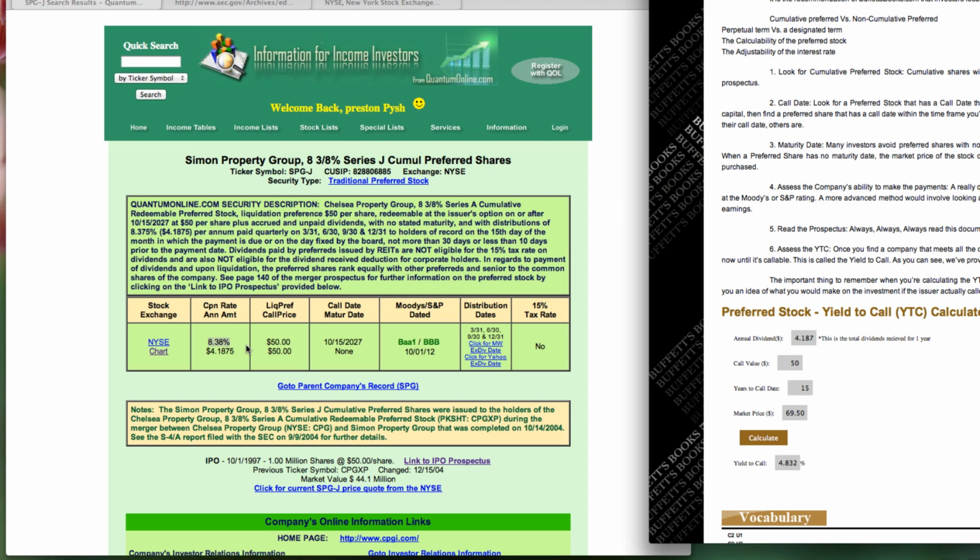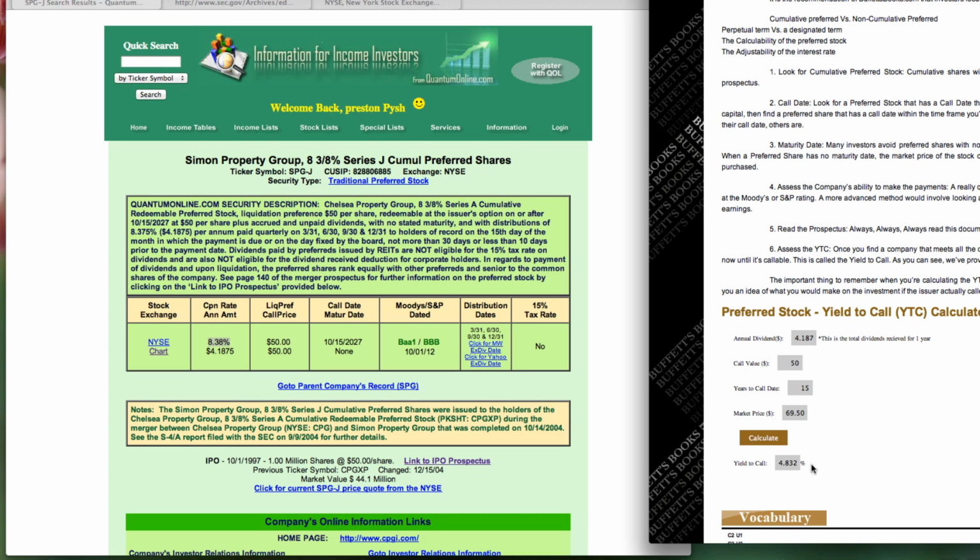That's not the case at all, because you're paying such a large premium. You're paying almost $70 for this stock and it's only callable at 50, which is why your yield to call is much lower than the 8.38. You're actually seeing 4.832%, and that's what you really have to focus on when you're buying preferred shares.